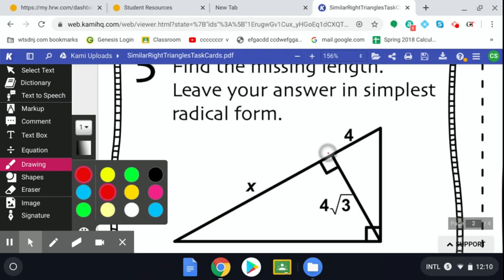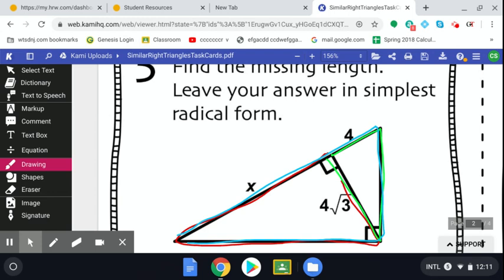Same thing, one triangle here, another triangle here, and the outside. Okay. So for this one, I can use the red one and the green one. I don't need the blue one.